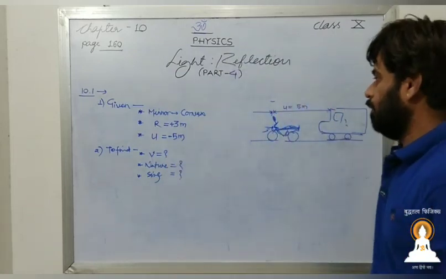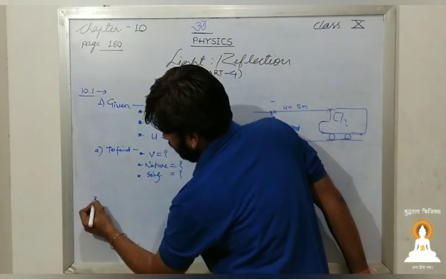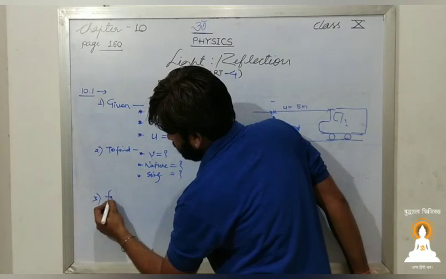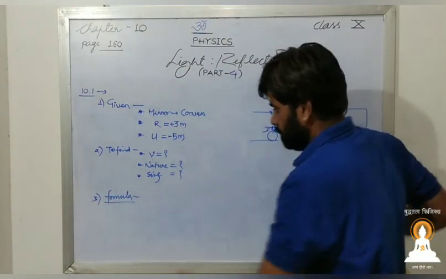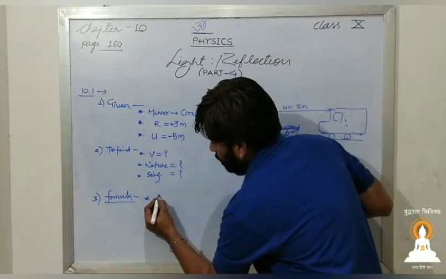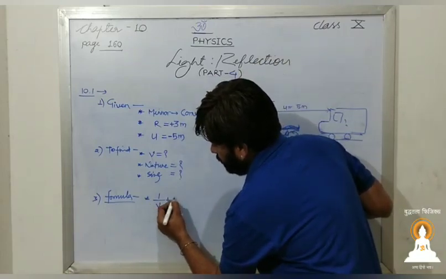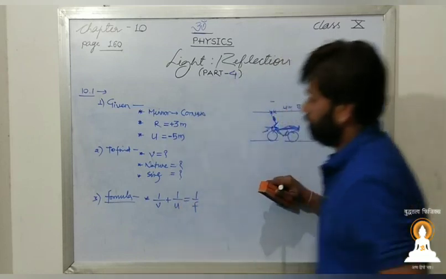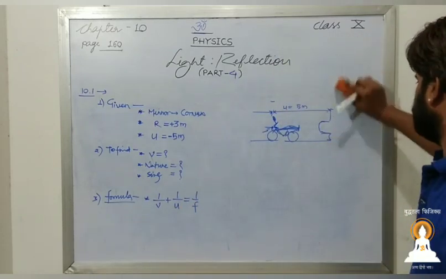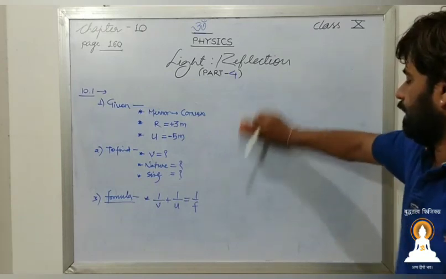Now, as it is a mirror, the next point is the formula. So which formula do we have to use? Yes, the mirror formula, that is 1 upon v plus 1 upon u is equal to 1 upon f.